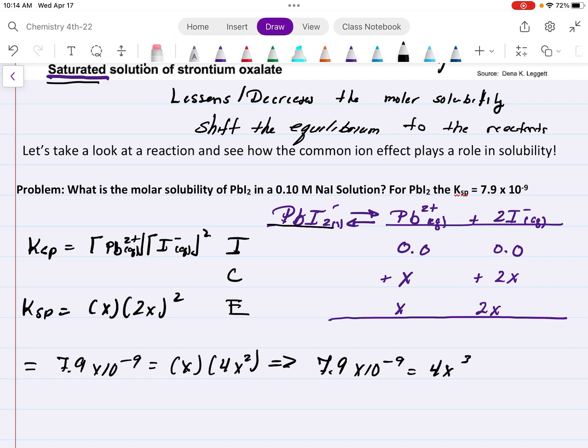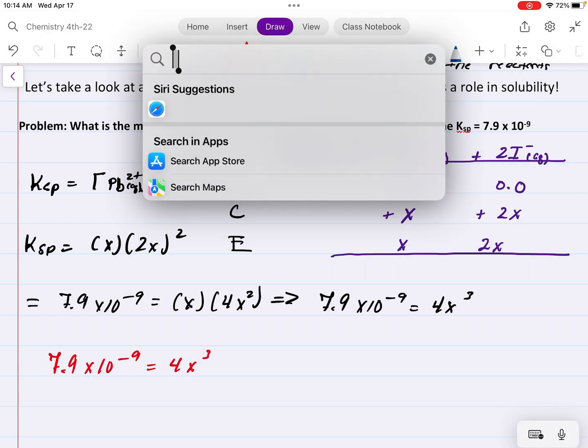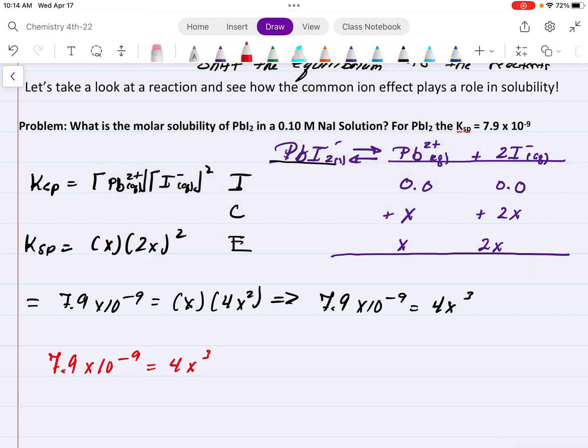Again, from here, it's just algebra. We're going to take our 7.9 times 10 to the negative 9 and set that equal to 4x cubed. Divide by 4, sorry guys, I don't know why that keeps popping up.